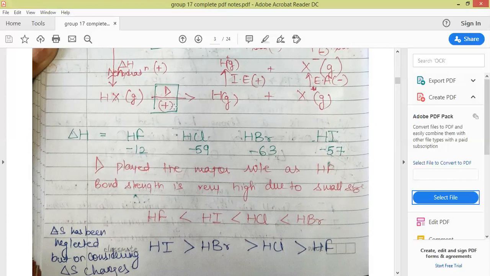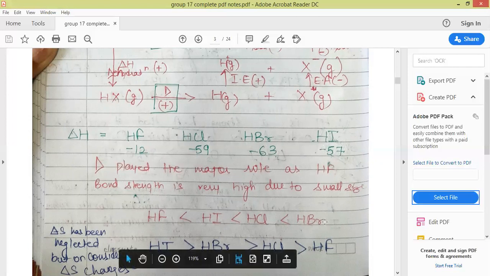As the bond strength of HF is very high, it requires more positive dissociation energy, that is, more dissociation energy to dissociate the HF molecule in comparison to HI. So that is why the overall delta H for HF is less negative, which gave it less acidic strength in comparison to HI. So dissociation energy has played the major role in deciding the acidic strength of HF and HI.